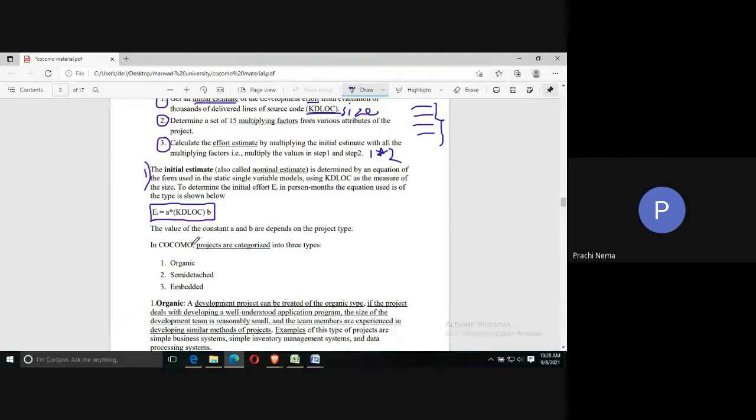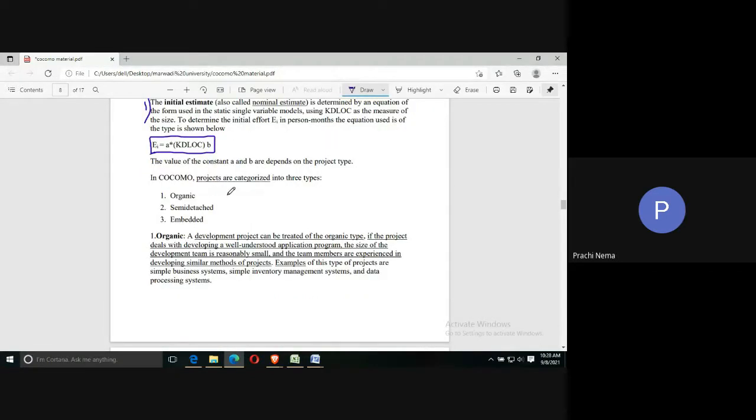Now, one thing is there, that there are various types of projects. The projects on which we are performing this estimation can be of different types or categories, first depending upon the complexity. I will tell you in easy language that a project can be simple, it can be a little complex, or it can be most complicated.